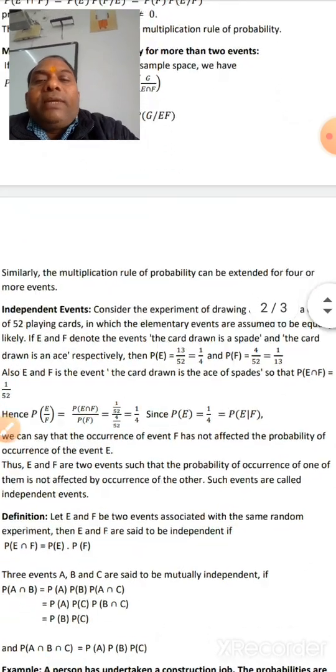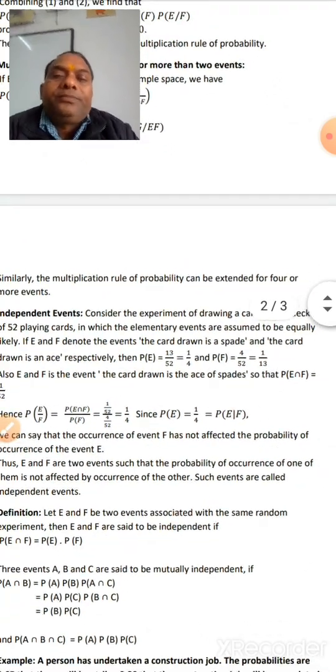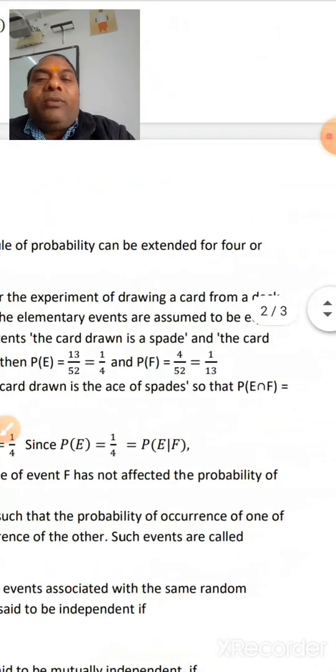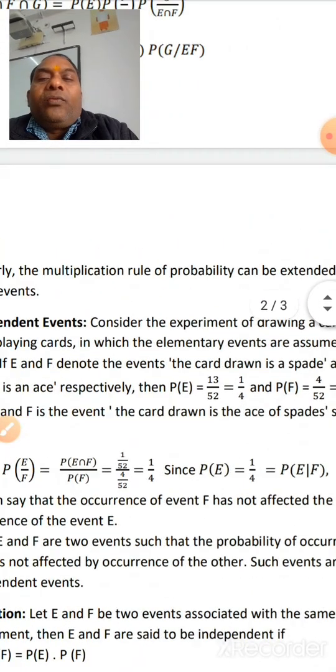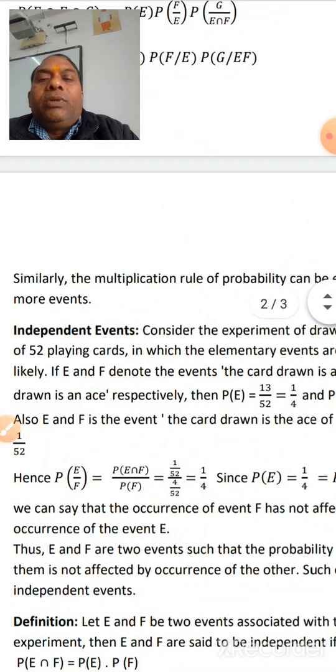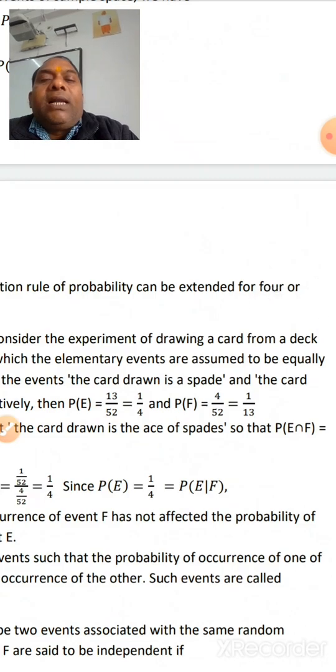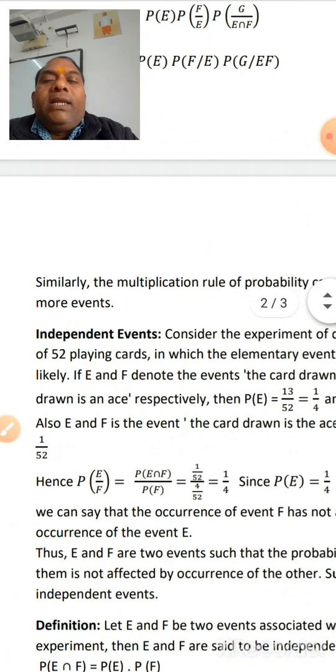Now, independent events. According to the definition of independent events, consider the experiment of drawing a card from a deck of 52 playing cards, in which the elementary events are assumed to be equally likely.